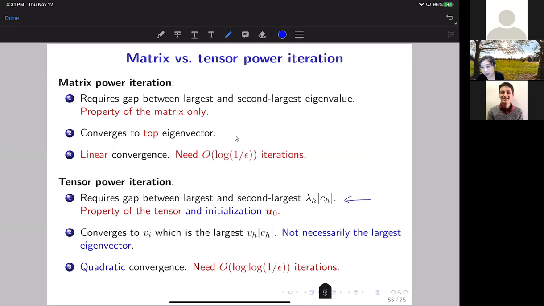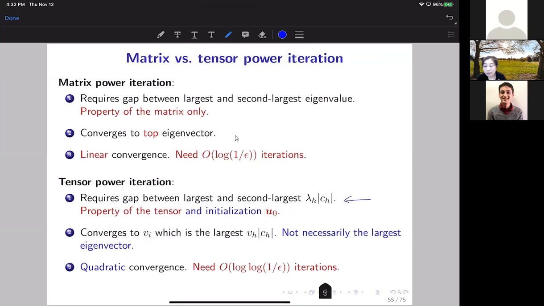Now, which is very nice because we can very easily understand whether this is a leading eigenvector based on what it converges to. But for tensor power method, this is no longer true, and this could cause problems because we're not necessarily recovering the component that is largest. We might be very unlucky and have a very bad initialization that puts a lot of weight on a small component.